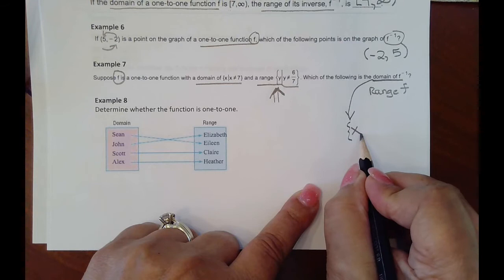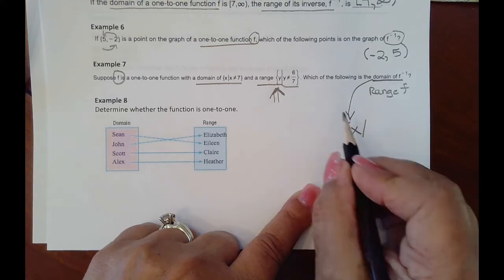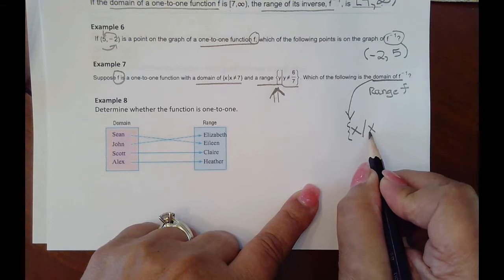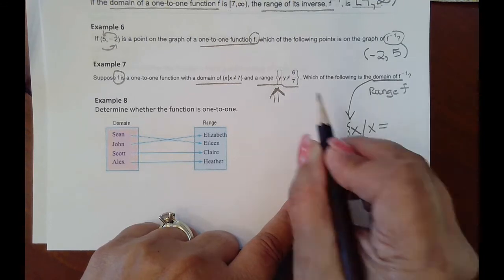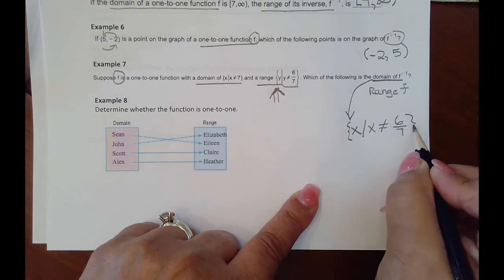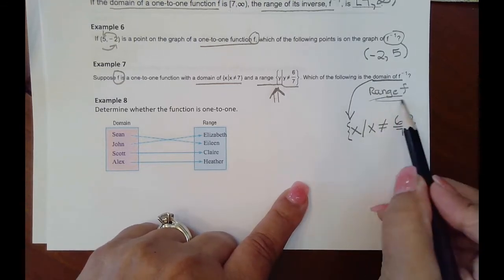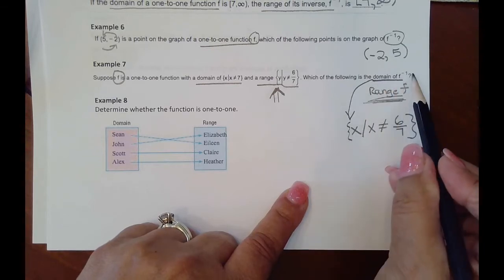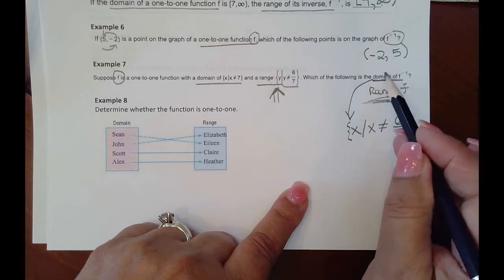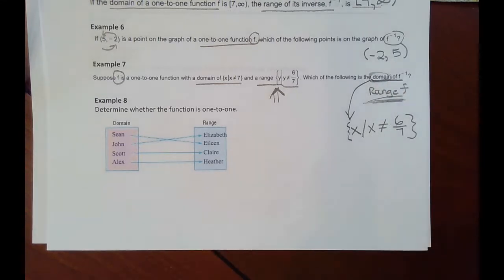So any x's such that these stipulations are obeyed: x can be any x such that x is not equal to 6/7. So we did use those range values to get our domain of the inverse, but we had to switch the letter that was mentioned there because we're now talking about domain.